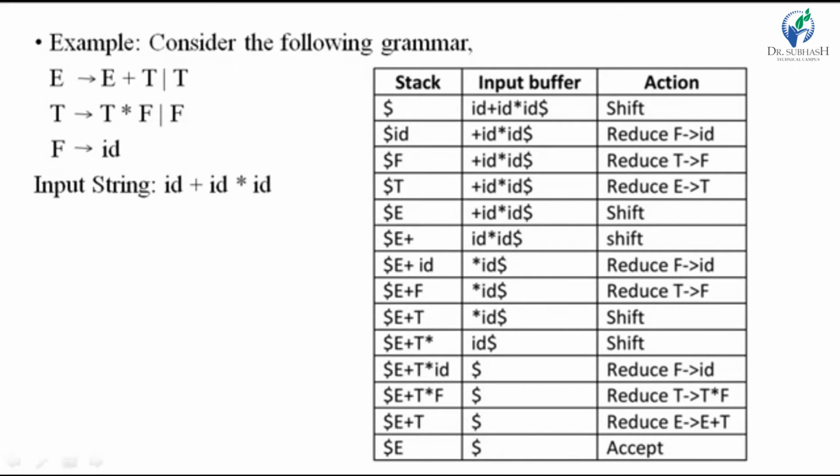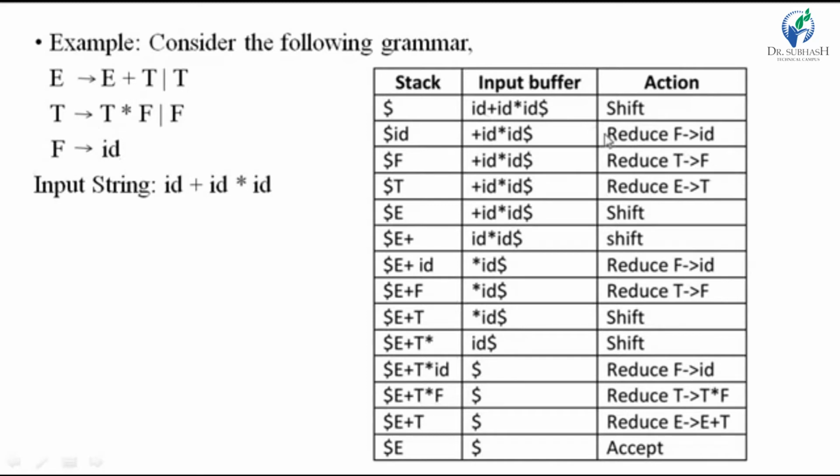First operation is shift. Just shift the first input symbol onto the stack. Here you can move ID on the stack. So in the input buffer the remaining string will be plus ID star ID and $. Now this ID is reduced by F because F gives ID.